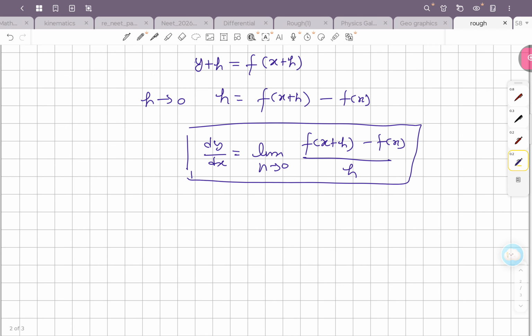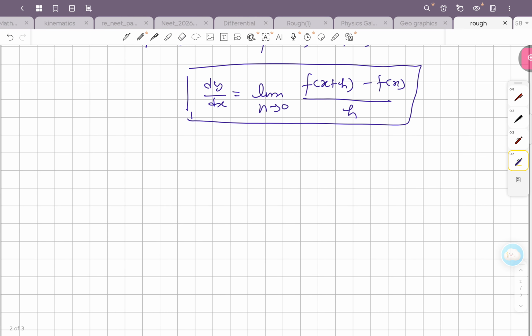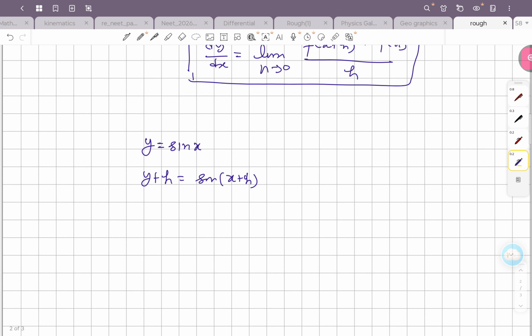This is called differentiation, and this is the fundamental technique to find the differentiation of any function. Now suppose you are given y equal to sin x. You can follow this procedure: y plus h is equal to sin(x plus h), and the difference is sin(x plus h) minus sin x.